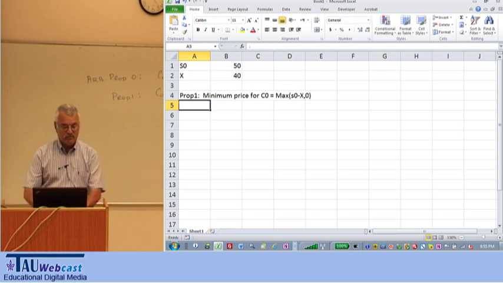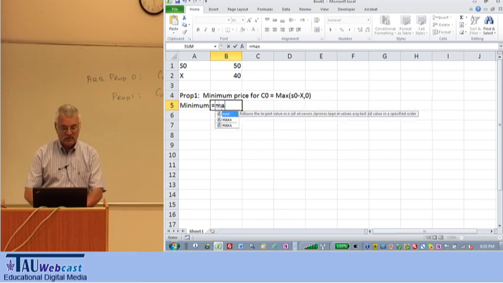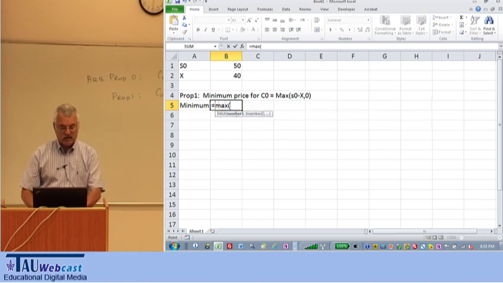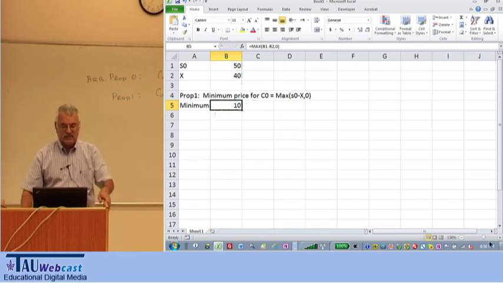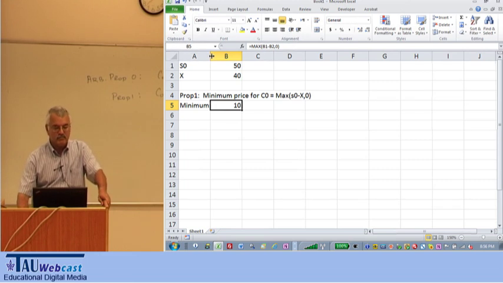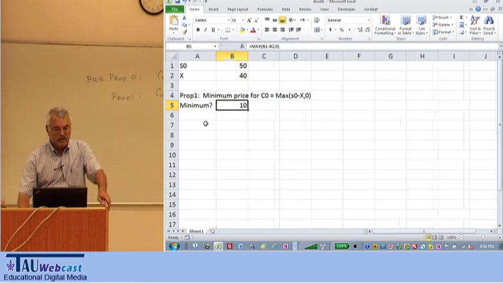Okay, so what is that minimum? Well, it's max of S0 minus X or 0. It's 10. It's got to be at least 10.